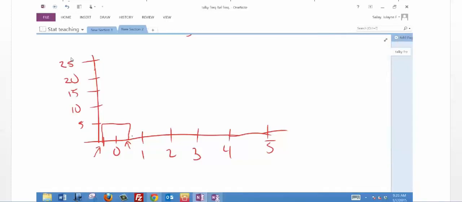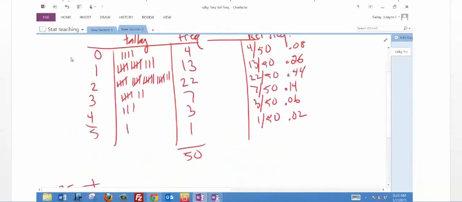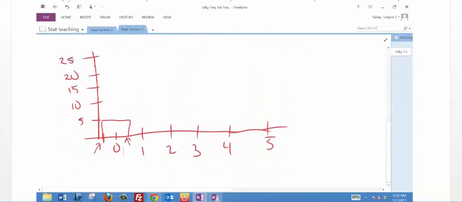So the rectangle goes from negative 0.5 to 0.5. The 1, which we have 13 of, so let's draw that rectangle, of course touching. That rectangle is centered above 1, but it goes from 0.5 to 1.5. Anything between that range is a value of 1. That's where that class idea comes in.